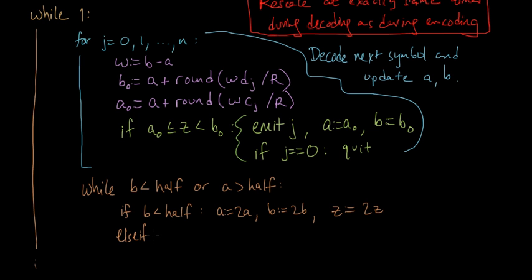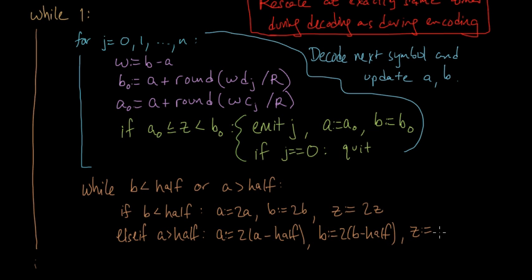Otherwise, if A is greater than half, then we're in case 1, and we update in the same way that we did above. A becomes 2A minus half, B becomes 2B minus half, and Z becomes 2Z minus half. So we're keeping Z in the same relation to the others.